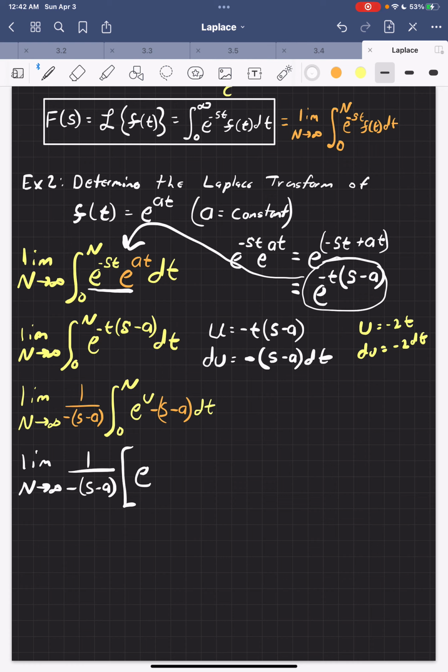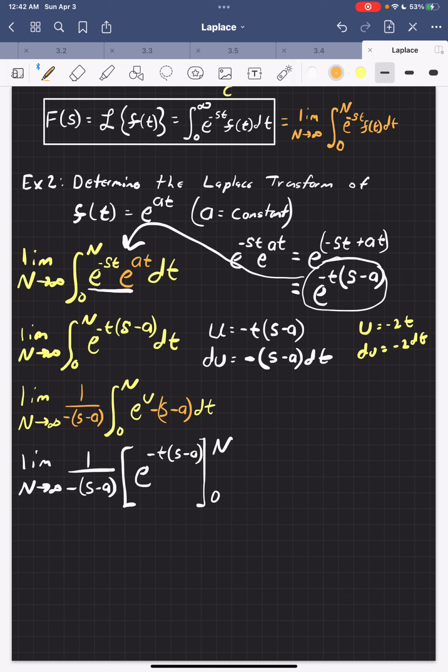So the integral of e to the u is e to the u, and let me put that negative t times s minus a back in here. So negative t times s minus a. And of course, I'm going from 0 to n. All right, so far so good.